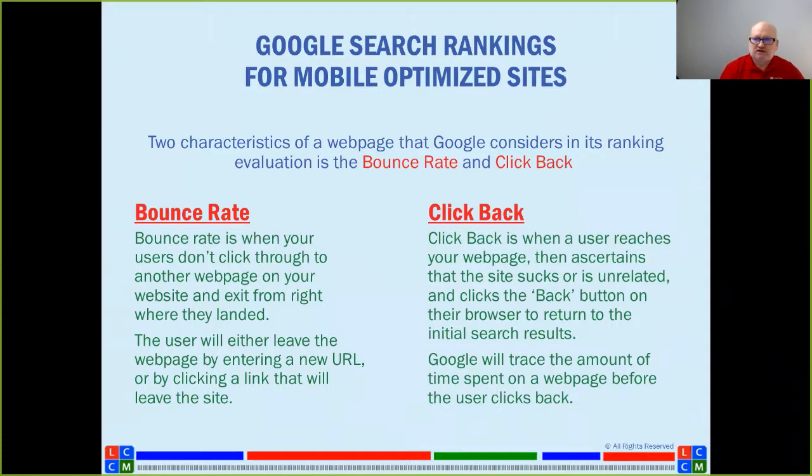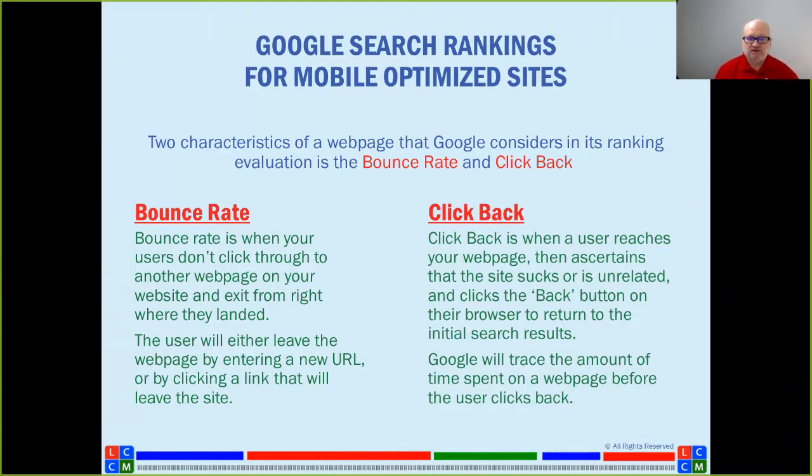Let's say they search for childcare, Reno, Nevada, they see the first result, click on it, go over to that page and see that the childcare center is nearby and it's something they're interested in. They still may just write down the phone number, write down the address, whatever the case may be, and click back. So the amount of time that they actually stay on that home page is measured by Google, and the longer they stay, the better it helps with your ranking. So that's what click backs are all about.